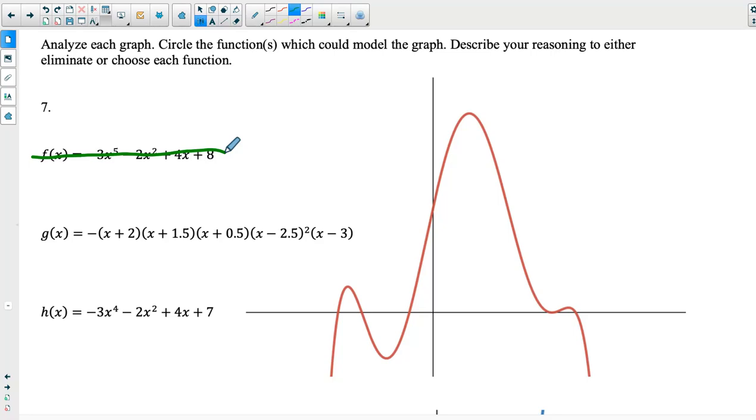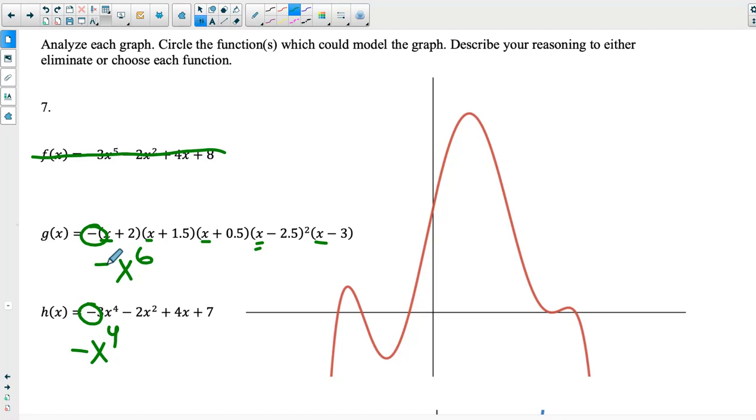Now, what degree is this h of x? Degree 4. What degree is g of x? It is degree 6. So 1, 2, 3, 4, 5, 6. Now, are these both positive or both negative? They're negative because of right there. So negative, negative.